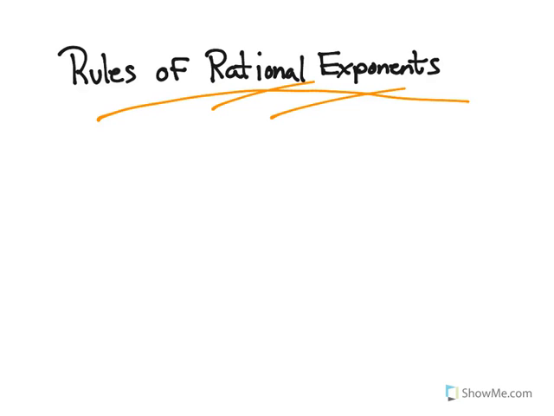So the very first one I want to talk about is called the negative exponent rule. And I kind of mentioned this in one of the previous videos, but like I said, we'll go over everything here. So I'm going to create a little chart or a little table, if you will, that way you can understand what I'm doing, okay? So here we go.